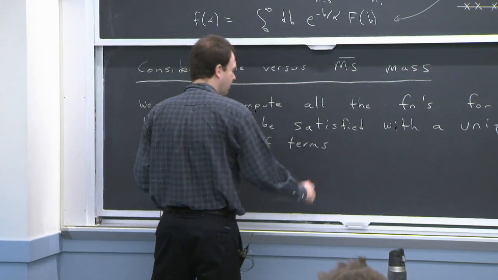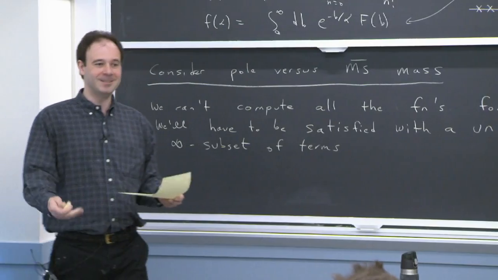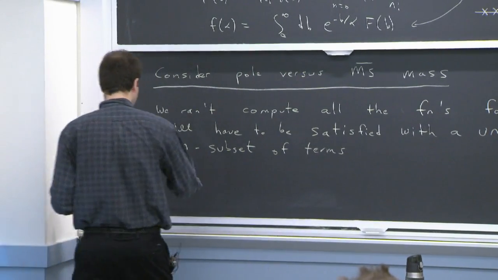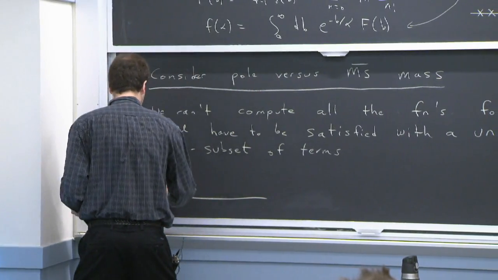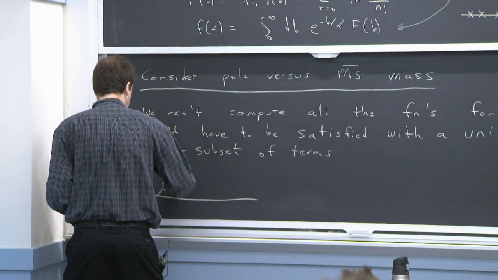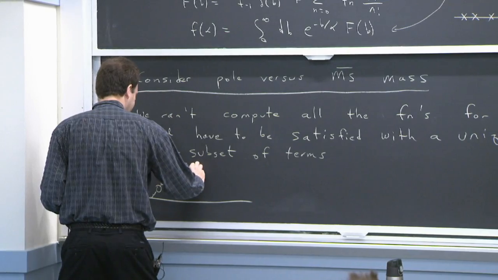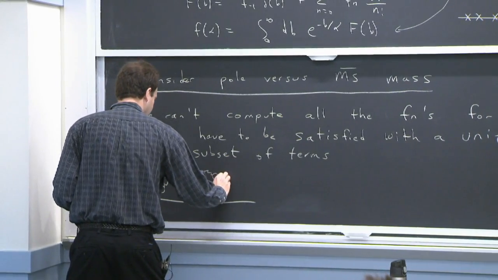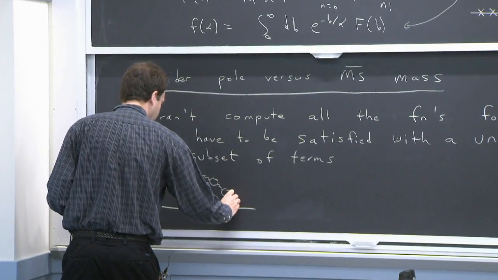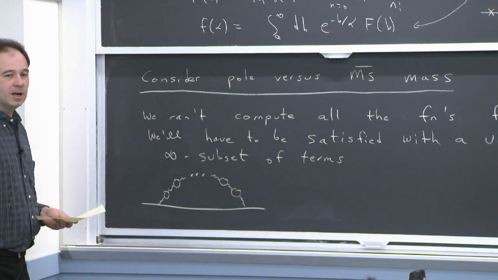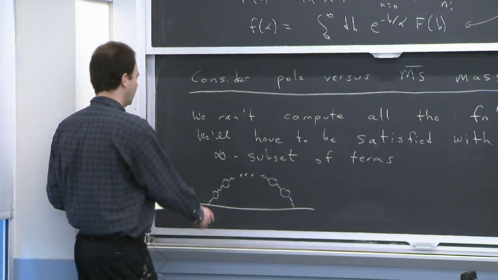And of course, we should pick out an infinite subset that's the easiest to calculate. The one that's easy to calculate is the following. We look at the so-called bubble sum, graphs with a bubble, and then more and more of them.